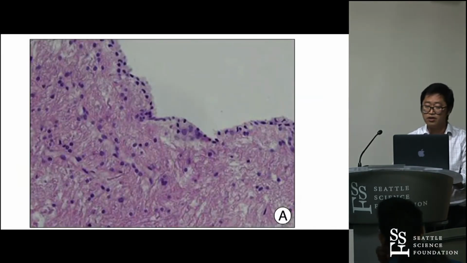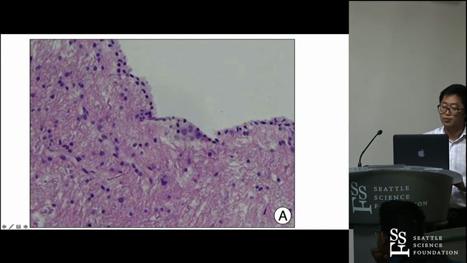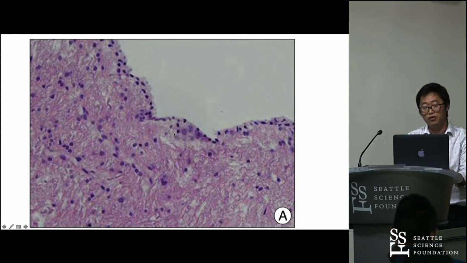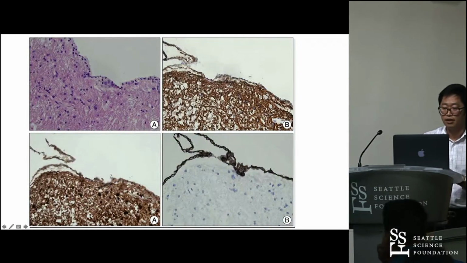Is it really easy to identify on light microscopy? Not really, because this is an ependymal cyst, and it also has a simple layer of cuboidal to columnar epithelium, but we cannot really appreciate the connection with the basement membrane or identify the basement membrane. In that case, we need to go to further studies and do some histochemical staining.